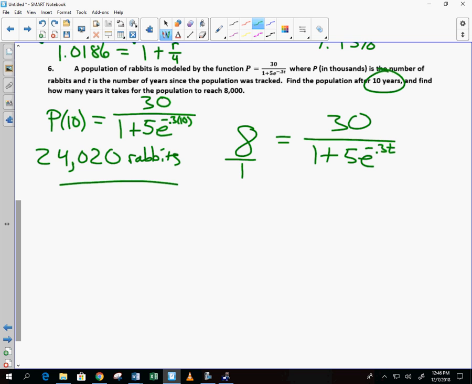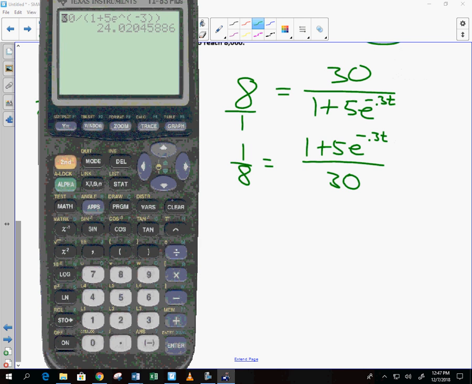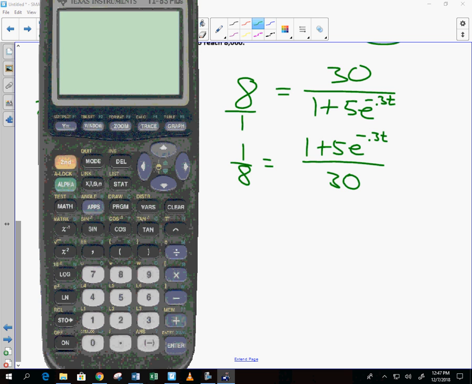Some of you would put this over 1 and cross multiply. That's fine. I'm going to choose a different method because it's a free country and I like to do what I want. I take the reciprocal of both sides. I'm going to get rid of the 30 in the denominator. So I multiply both sides by 30. So 1 over 8 times 30 is 3.75.